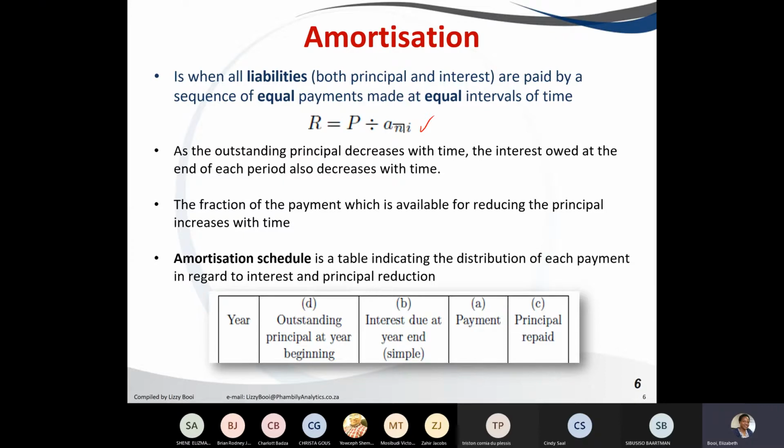And the term will always be 1. To calculate the principal repaid, we take payment minus interest. And to calculate the outstanding balance, which is the closing balance of the previous year or period, it's also the opening balance of the current period.